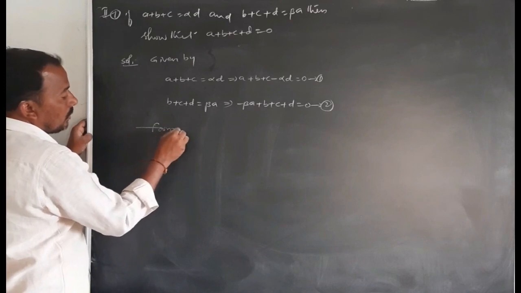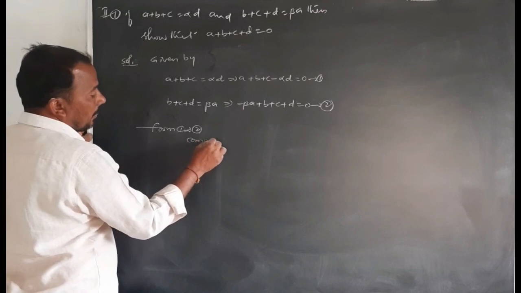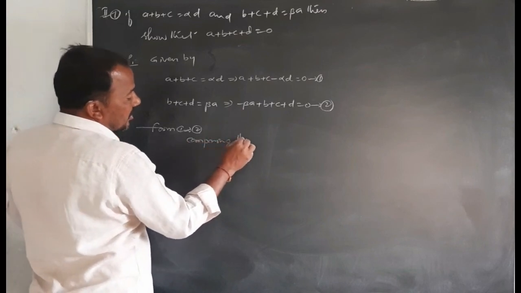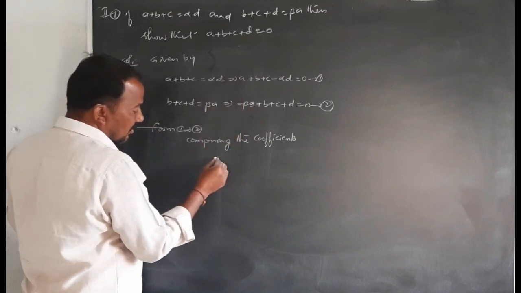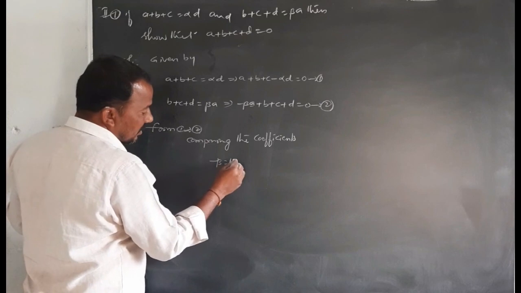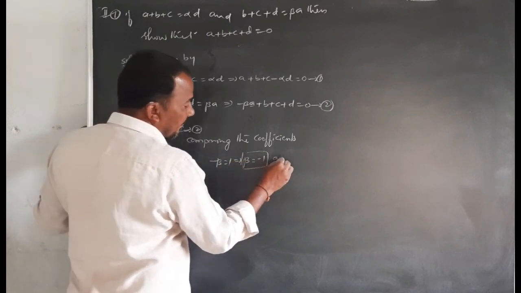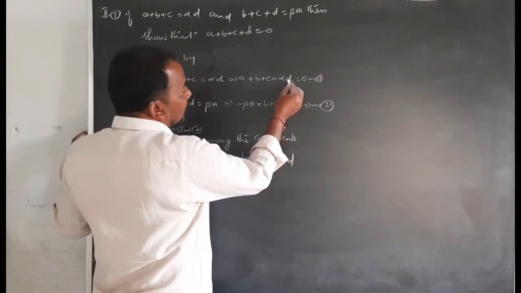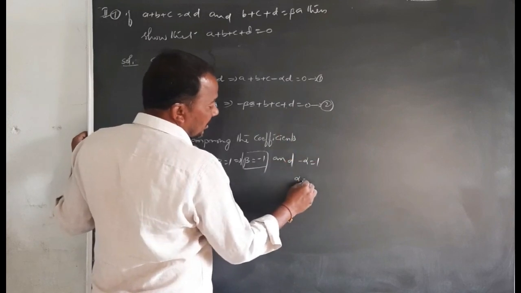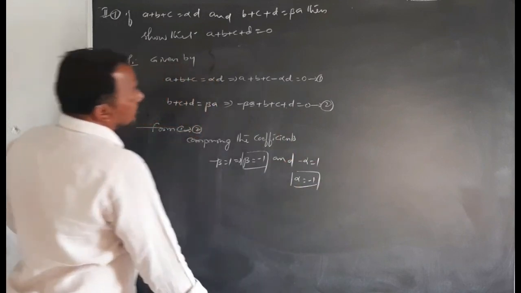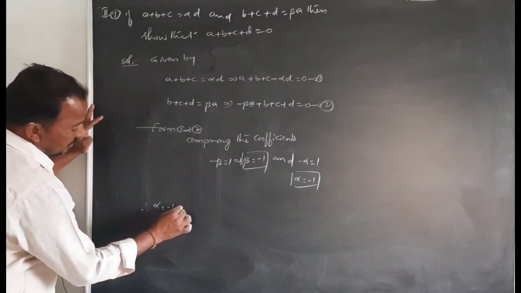From 1 and 2, comparing the coefficients: coefficient of A is 1 and minus beta, so minus beta equals 1, which implies beta equals minus 1. Coefficient of D is minus alpha and 1, so alpha equals minus 1.